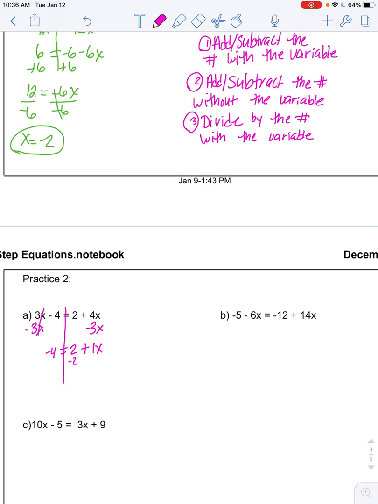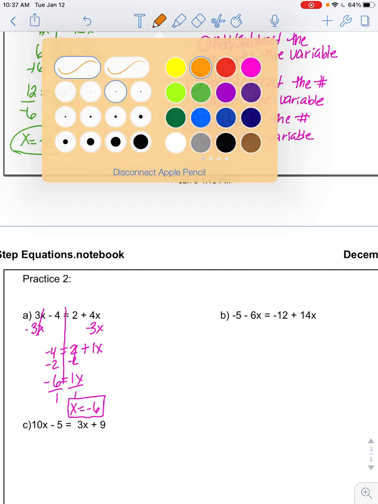Then we're going to subtract 2 from each side. And we get negative 6 equals 1x. Divide by 1, x equals negative 6. Okay, so if you don't have this on your paper, make sure you're erasing your work and getting the correct work and steps on your paper. No sense in having incorrect answers.